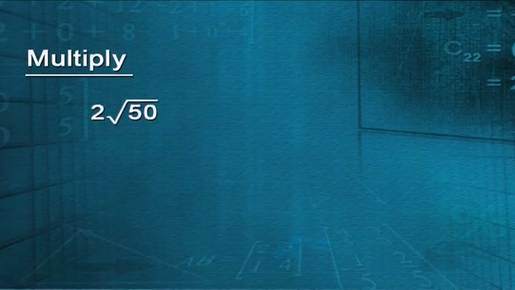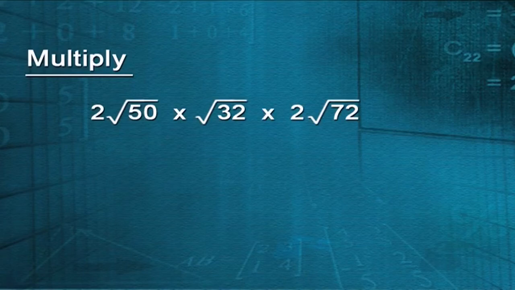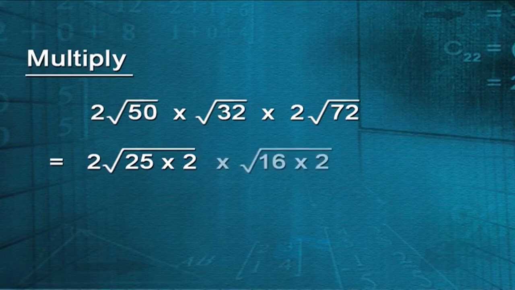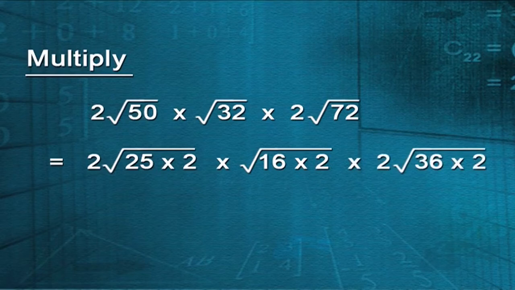2 under root 50 multiplied by root 32 multiplied by 2 root 72. 2 under root 50 can be written as 2 root 25 into 2. Root 32 can be written as root 16 into 2, and 2 root 72 can be written as 2 root 36 multiplied by 2. For 2 root 25 into 2, the square root of 25 is 5.